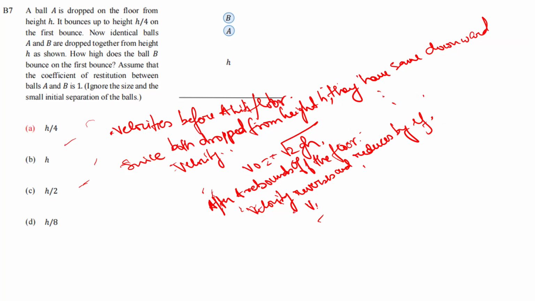So we have VA equal to plus EF into V0, which is half root over 2gh.